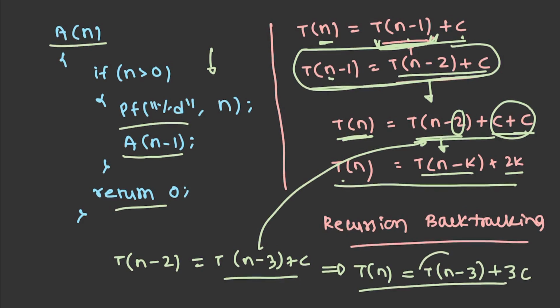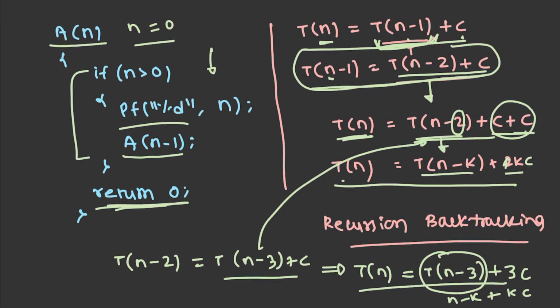So, it can be represented as t of n minus k plus k into constant. This will be c. We know that when the value of n is equivalent to 0, then this will not be executed and only the return statement or the constant work will be performed. In all the other cases, the equation is as such.